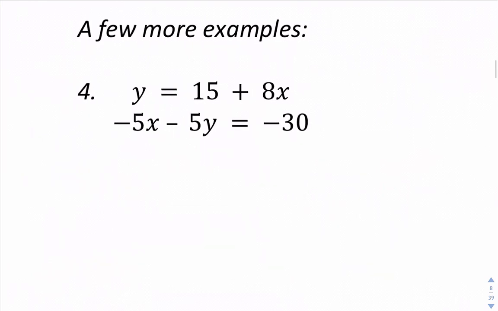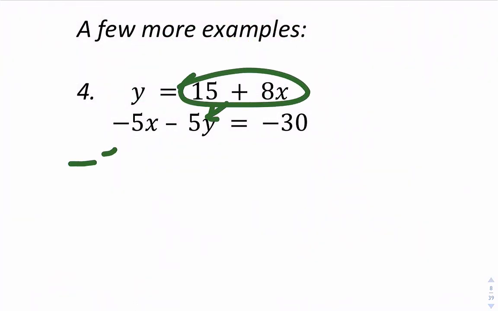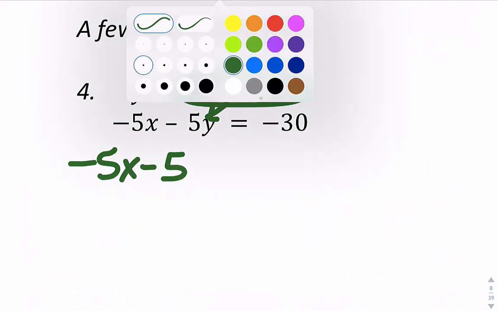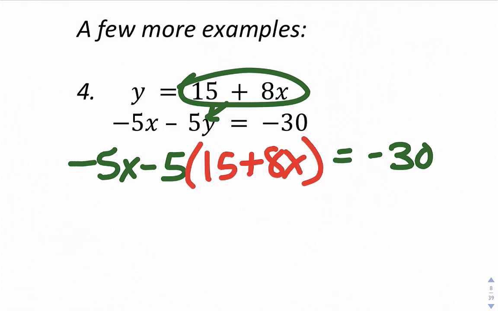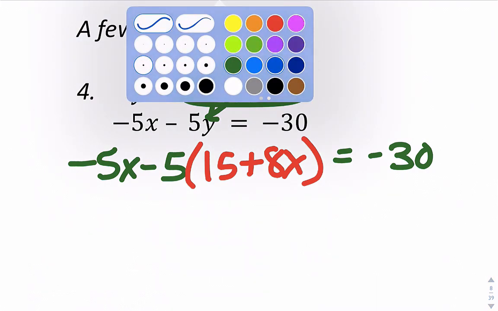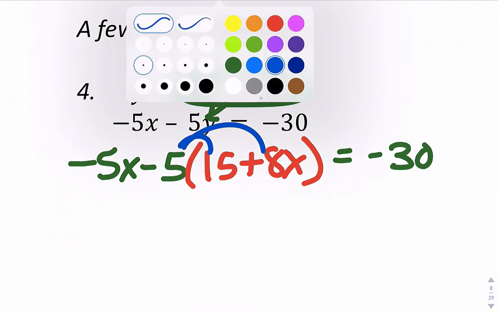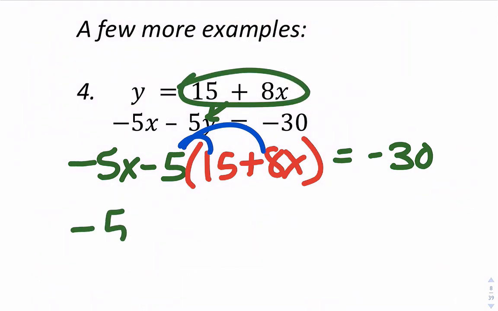So here's another example. Here y is by itself, so that tells us what to plug in. So we get negative 5x minus 5 and use parentheses. So we get 15 plus 8x equals negative 30. All right, let's distribute, but only distribute to after the parentheses. So we get negative 5x, and distribute.